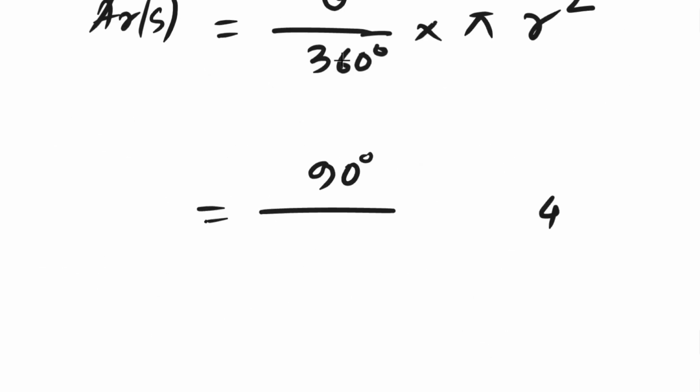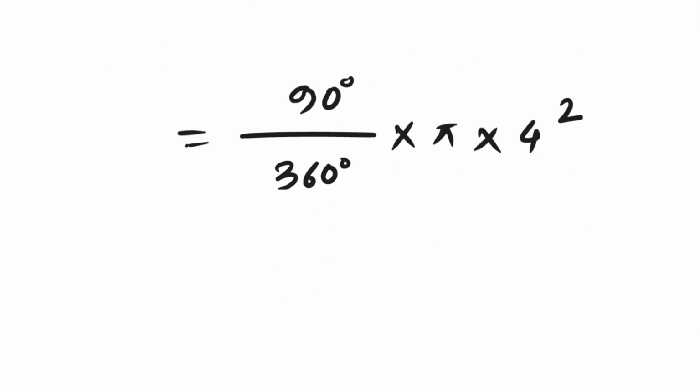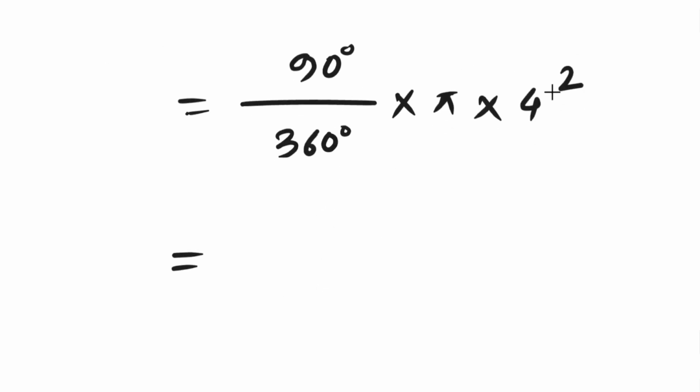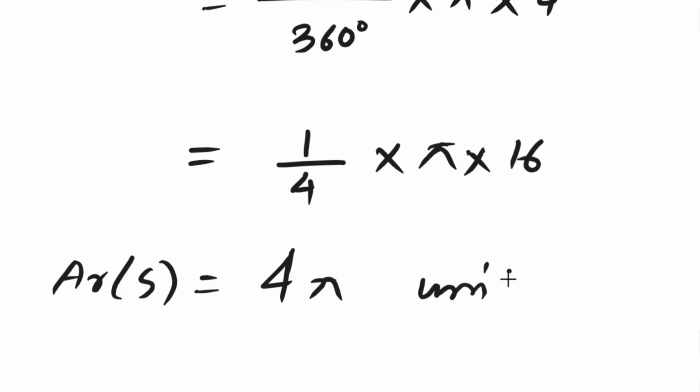So the area of the sector equals 90 divided by 360 multiplied by pi multiplied by 4 squared. 4 squared equals 16, and 90 divided by 360 simplifies to 1 divided by 4. 1 divided by 4 multiplied by 16 pi equals 4 pi. Therefore, the area of the sector is 4 pi square units.